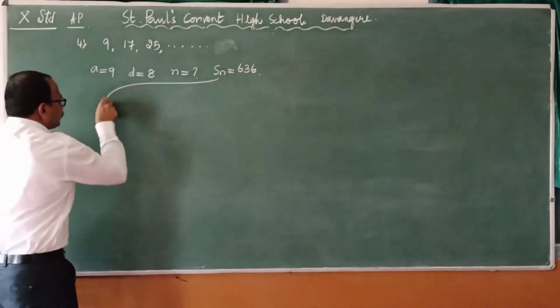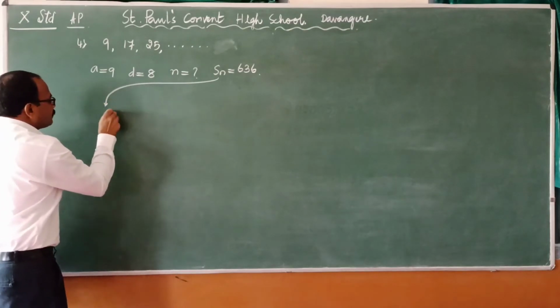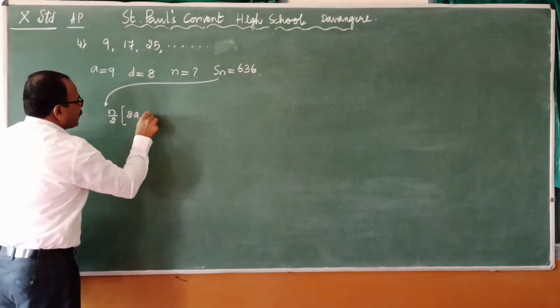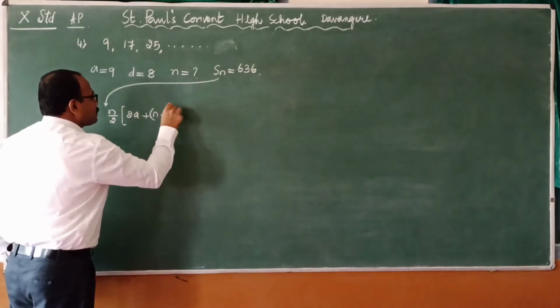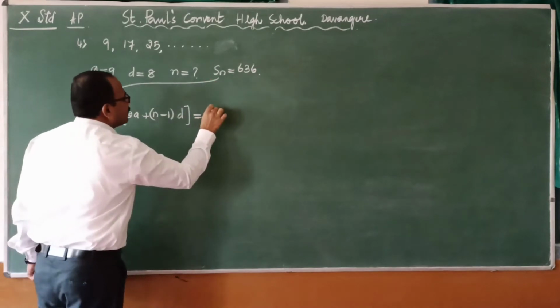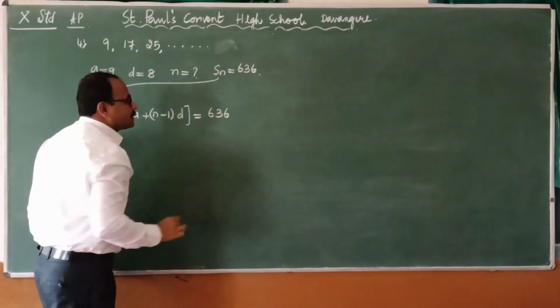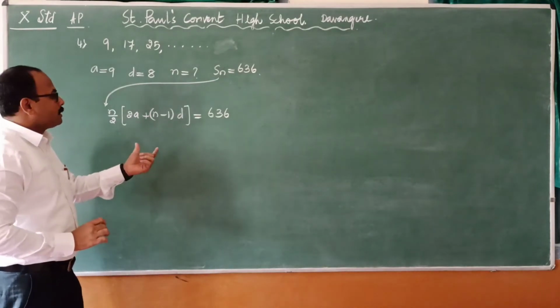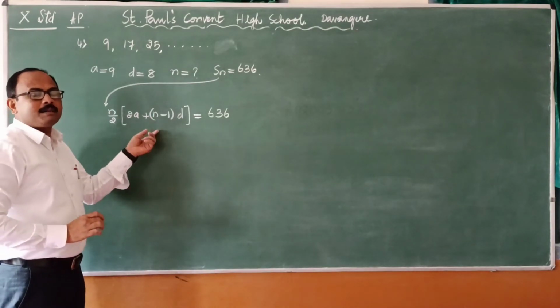Therefore, this can be started with n by 2 into 2a plus n minus 1 into d is equal to Sn, which is nothing but 636. Let me start with this formula part. Then substitute the terms which are given.